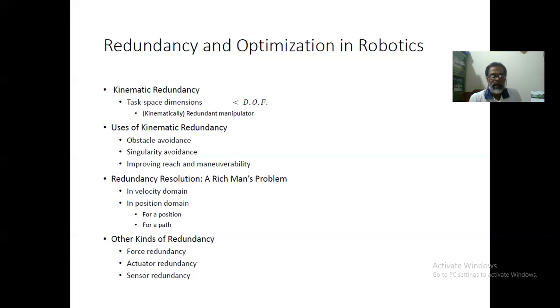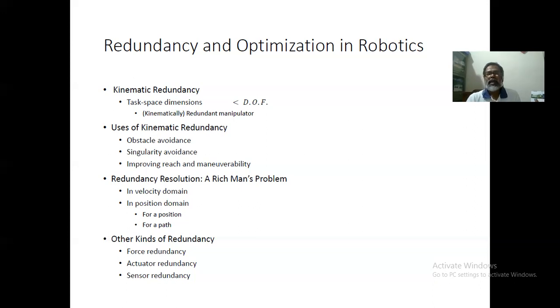And there comes optimization. Whenever you have a choice from infinite possibilities, you feel like choosing the best, and optimization comes into the picture from there. So it's a rich man's problem. Lots and lots of options are possible, and you have to choose some.